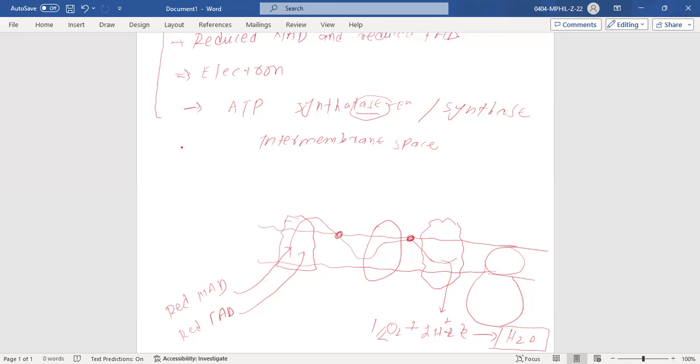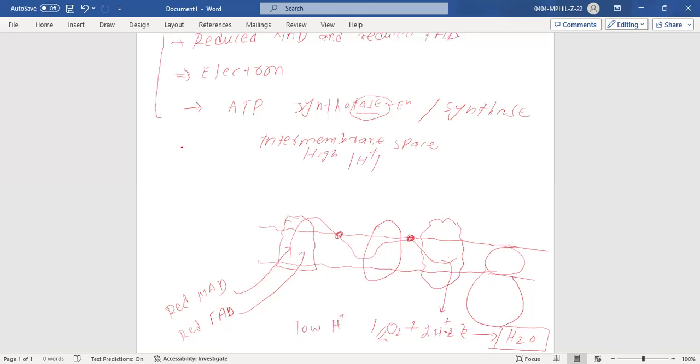There are a number of protons present here, so we can write here high proton, and on this side you will have low.